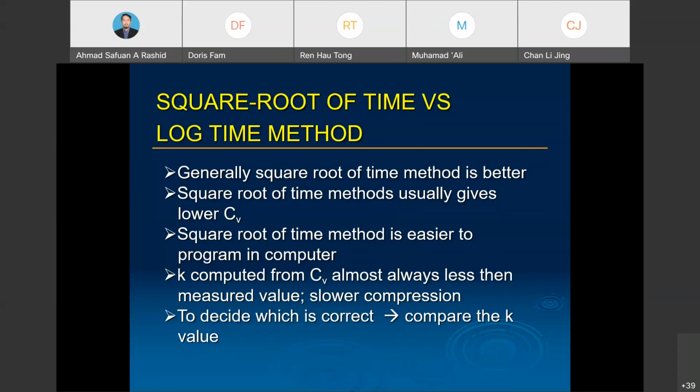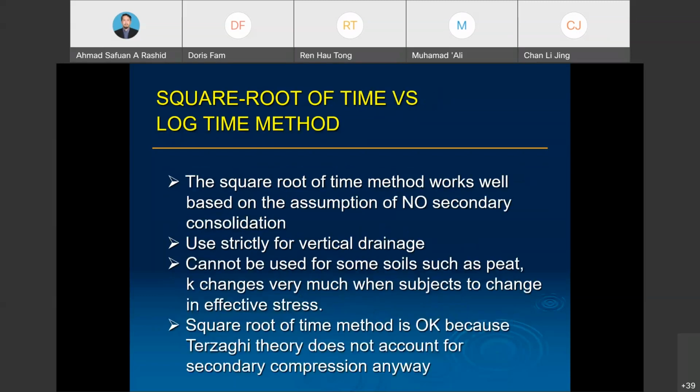K means the permeability. We can also determine the permeability from the CV. To decide which is correct, compare the K value from the normal permeability test.